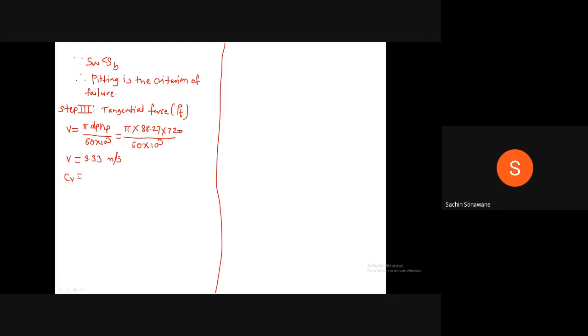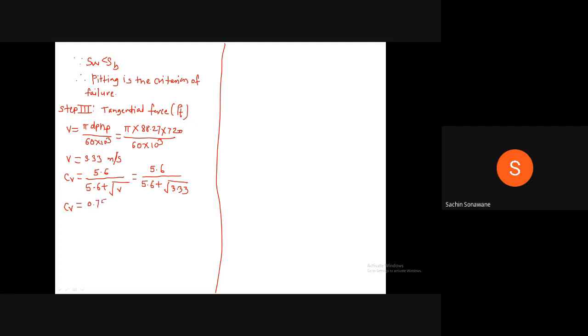Now, for helical gear, velocity factor CV is given by 5.6 divided by 5.6 plus root V. Therefore, substitute the values. 5.6 divided by 5.6 plus root of 3.33. Therefore, CV is equal to 0.75.